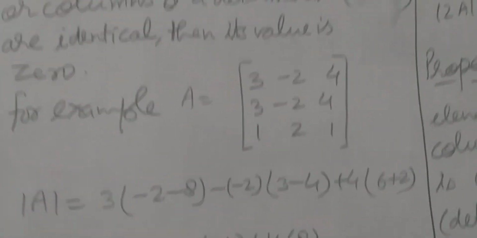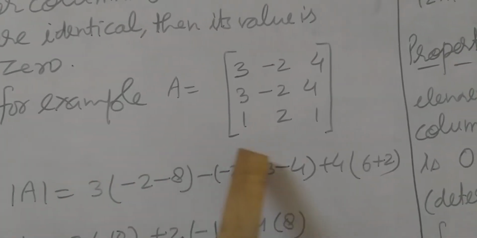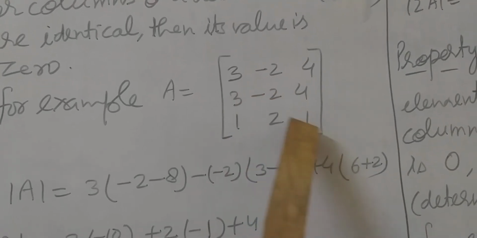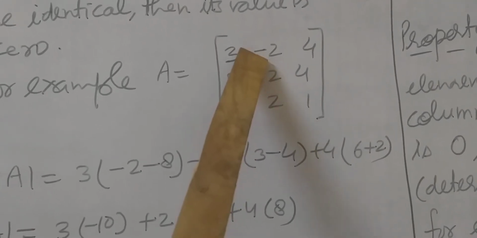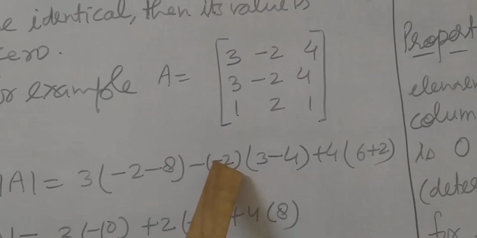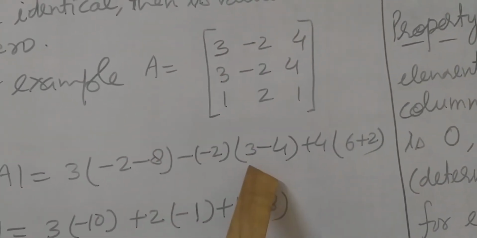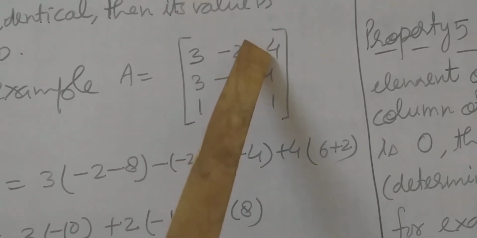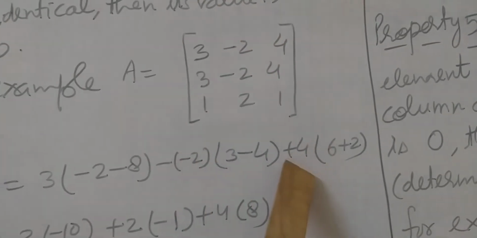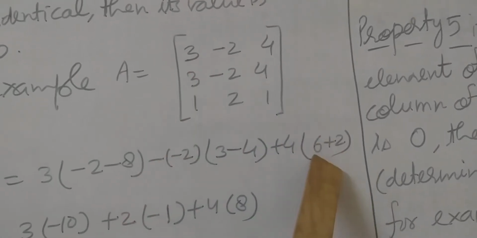Okay students, let us find out its determinant. I am expanding it along R1. 3, with row and column deleted, minus 2 minus 8. Then it is at the place of A12, that's why the minus sign is there, minus minus 2, rows and column deleted, 3 minus 4, plus, because it is at the place of A13, the plus sign is there, 4, with row and column deleted, 6 plus 2.